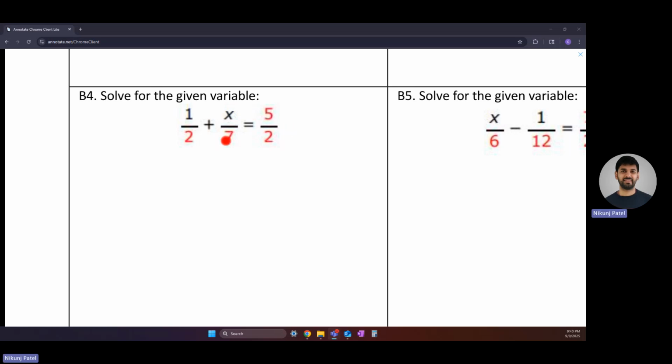So if I think about 2, 7, and 2, well, we already have matching 2's here. We have the 7, which makes this a little bit more challenging. So we want to think about what can all three of these have in common, 2, 7, and 2. Well, we could find a common denominator by multiplying the 2 and the 7, which gives us 14.